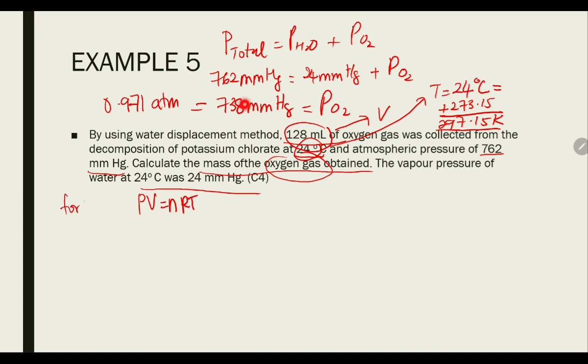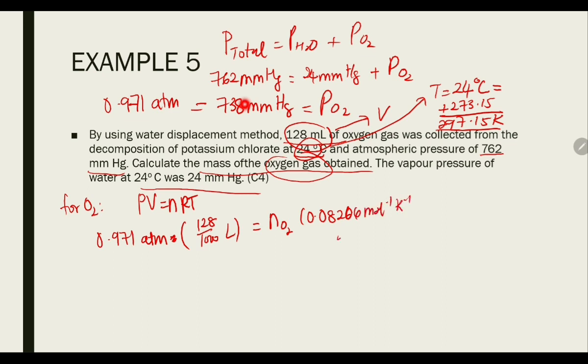The partial pressure of oxygen is 0.971 atm, the volume in liters is 128 over 1000 liter, equals the number of moles of oxygen times R, which is 0.08206 liter atm per mole per Kelvin, times the temperature in Kelvin, which is 297.15 Kelvin. Press your calculator to get the number of moles of oxygen.